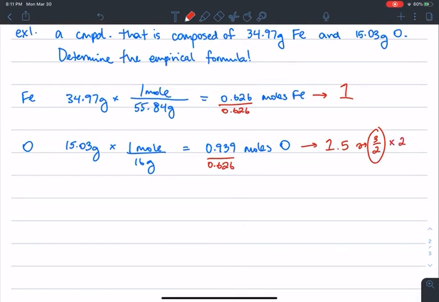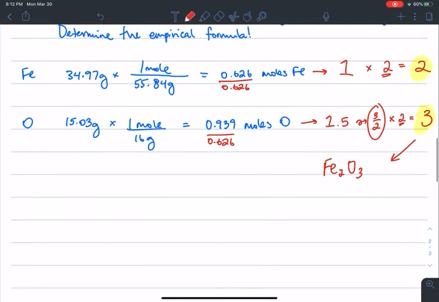If I multiply it by 2, I'll end up with 3. But you have to do the top one as well. You have to multiply all of them by the same factor. So now instead of 1 and 1.5, I have 2 and 3, which gives us an empirical formula of Fe2O3.